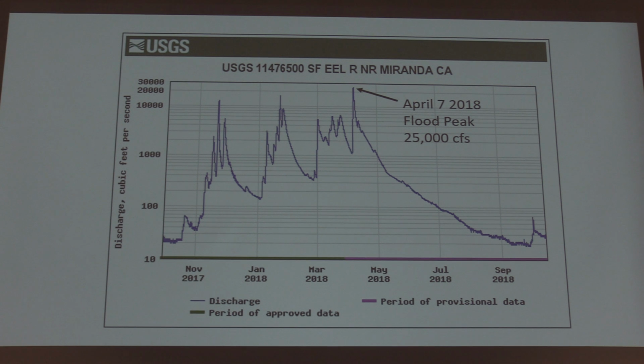And so at that point, I went back to the hydrograph and looked at the corresponding flows that I associated with each lamprey redd and figured out where they fell along the hydrograph since the most recent flood peak, which for this instance was on April 7th at about 25,000 CFS.